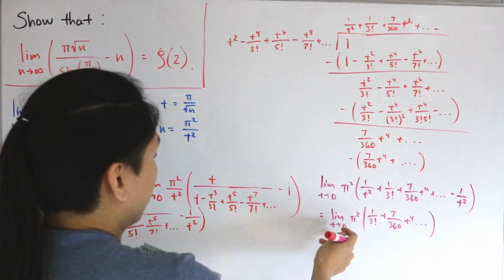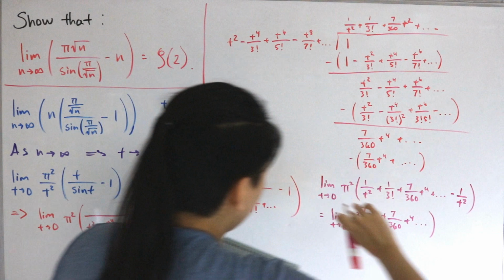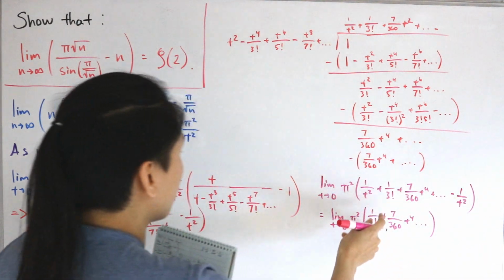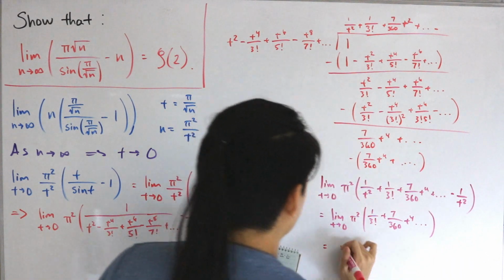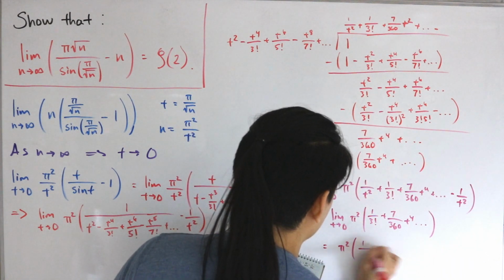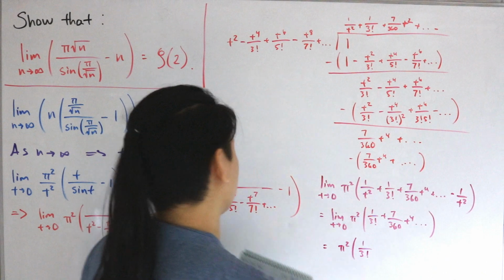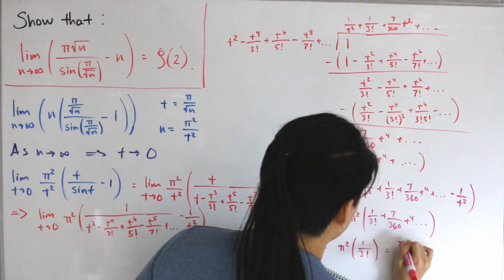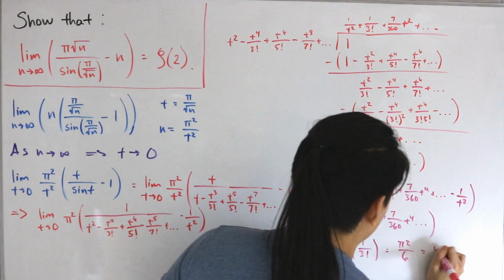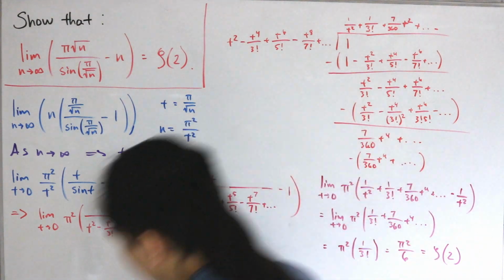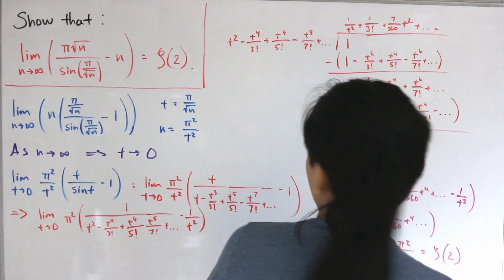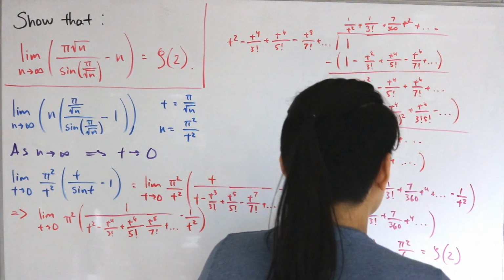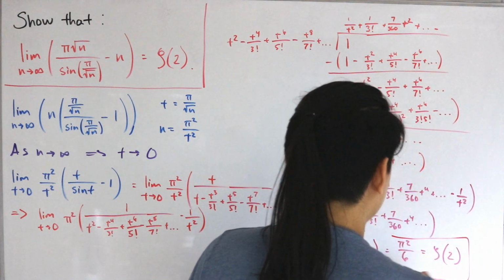Meaning that if I take the limit as it approaches 0, everything from the end except for 1 divided by 3 factorial is going to disappear. And so therefore we're just left with pi squared times 1 divided by 3 factorial, which is of course 1 divided by 6, aka pi squared divided by 6, Basel's problem, actually the same thing written as Riemann zeta of 2. And that indeed validates that this is our final answer for that limit that we were given, just like that.